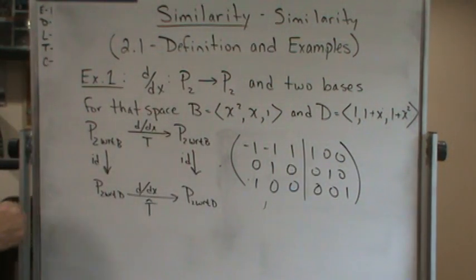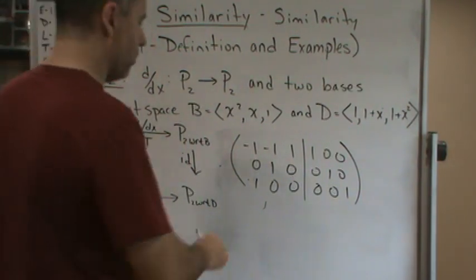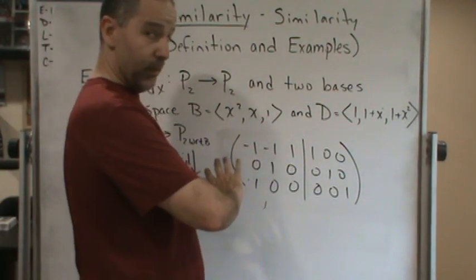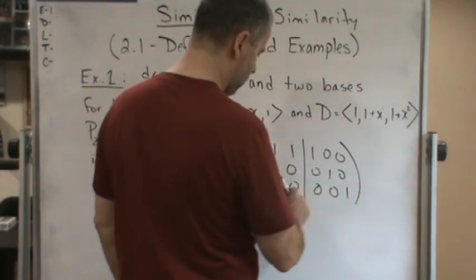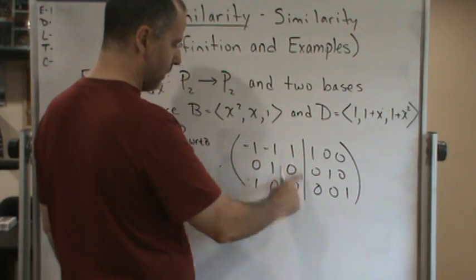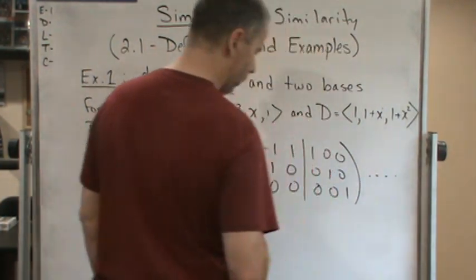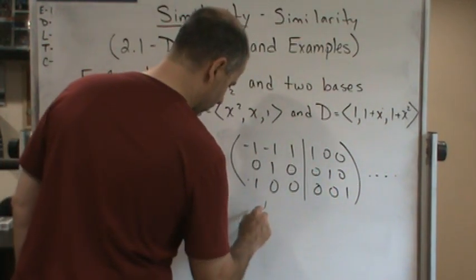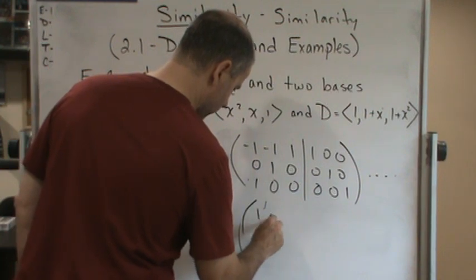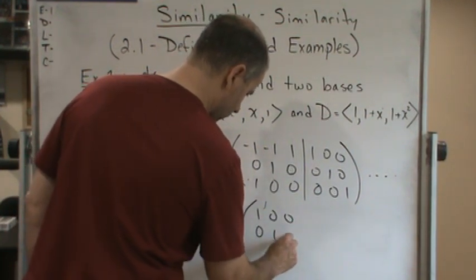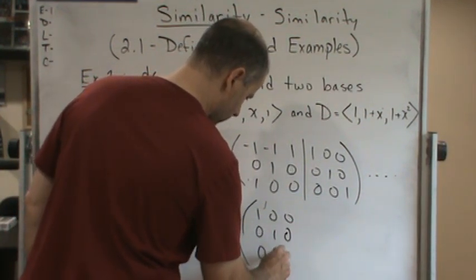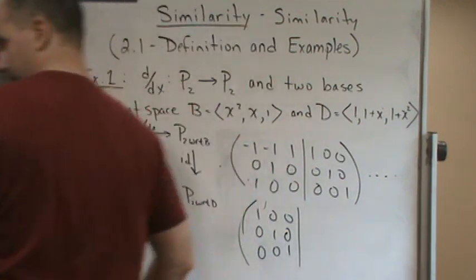Okay, so there's our augmented matrix. And so now all you have to do, using the elementary matrices, is reduce this so that there's the identity matrix on this side and then the inverse is going to be on this side. So if we do that, we end up with this.